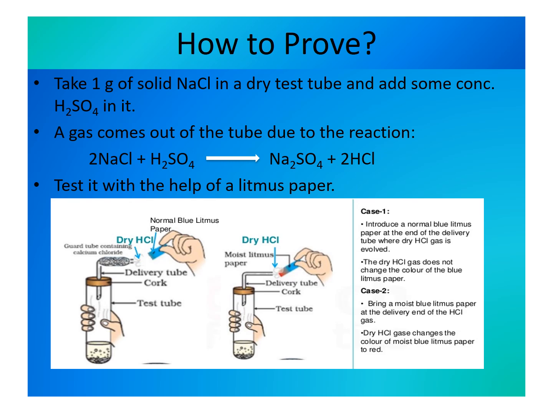Now what we have done in this activity, take 1 gram of solid sodium chloride, the common salt, in a dry test tube. Check that the test tube must not have any sort of moisture. After taking this solid sodium chloride in a dry test tube, add a few drops of concentrated H2SO4. It also should not be the dilute one.